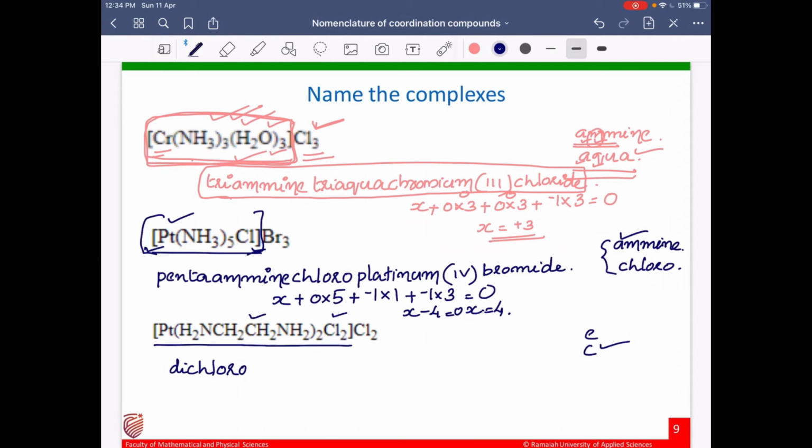Now we have to write ethylene diamine. Two ethylene diamine is there. Ethylene diamine we have to write as bis, because it is didentate. If denticity is more than 1, the prefix will be bis, tris, like that. We have studied that. So bis ethylene diamine.